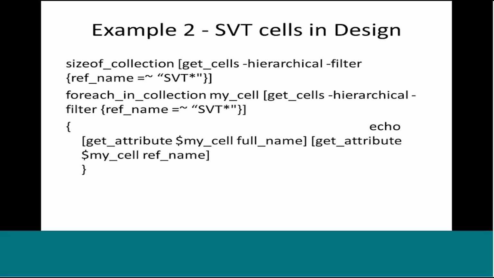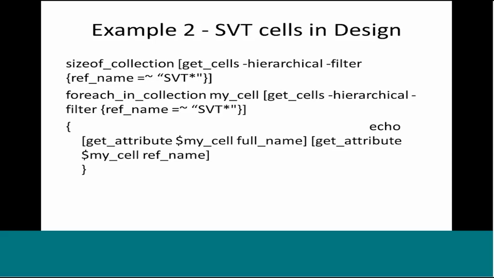Filter is again using an attribute. ref_name is an attribute on cells which gives the reference name of the cell. Assuming the library has cells whose names start with SVT, this will give me a count of all the SVT cells.